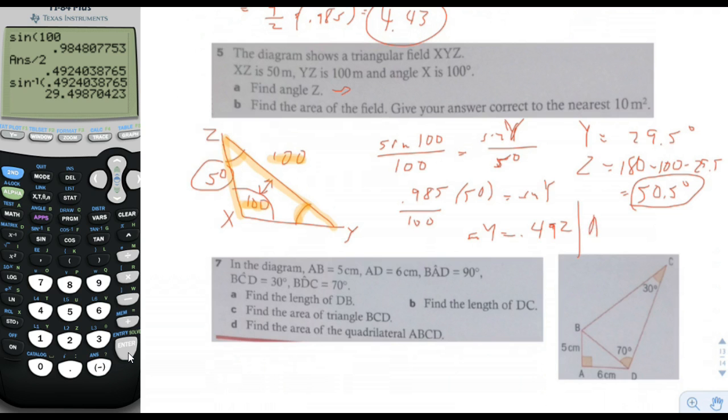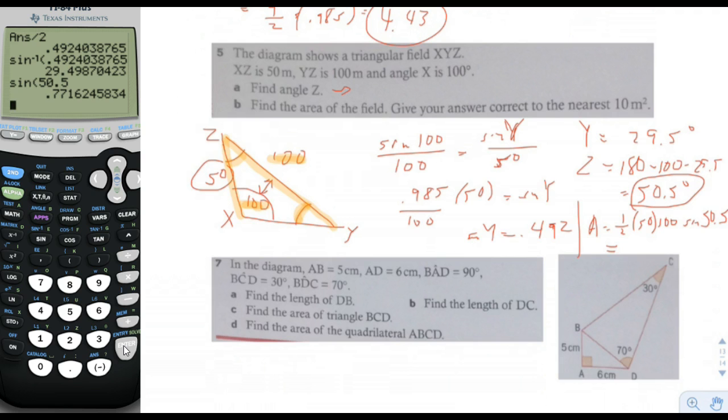Okay, now the area. So the area is going to be equal to 1/2 times one side, 50, times the other side, 100, and then I multiply that times the sine of the included angle, the sine of 50.5 degrees. So what is the sine of 50.5 degrees? It's 0.772.